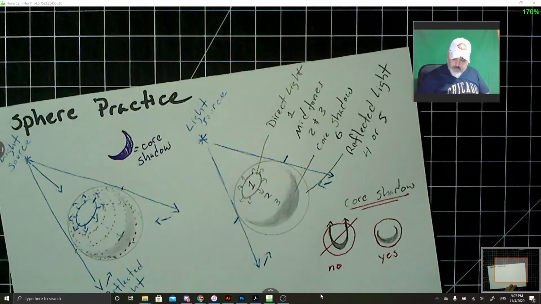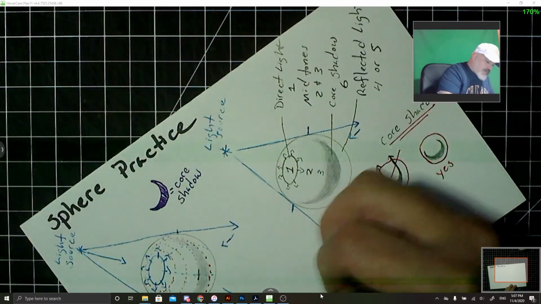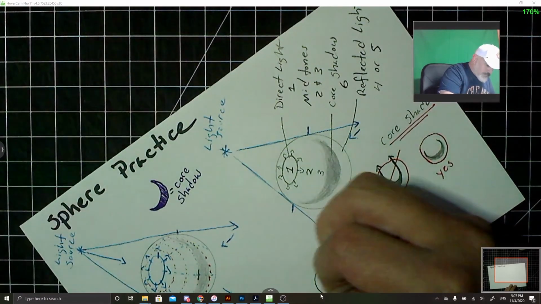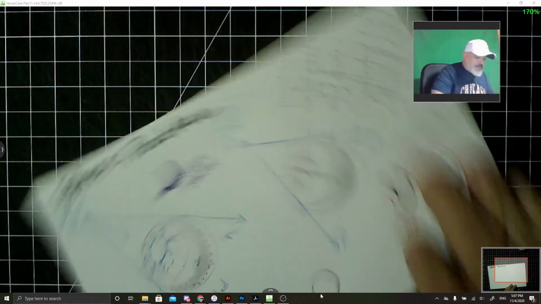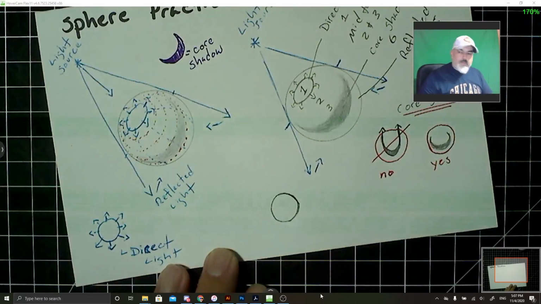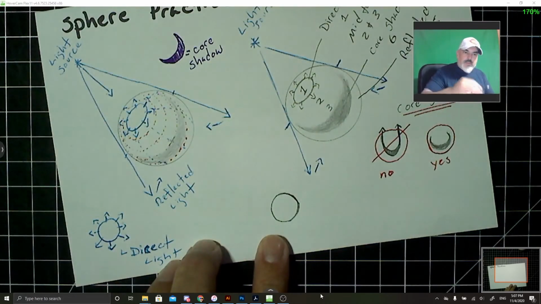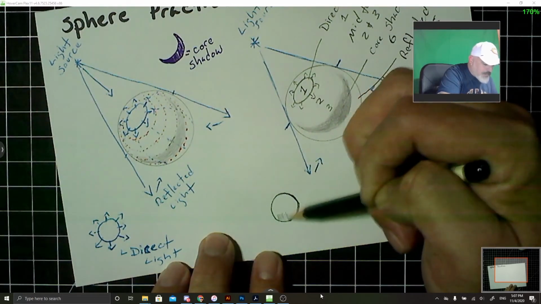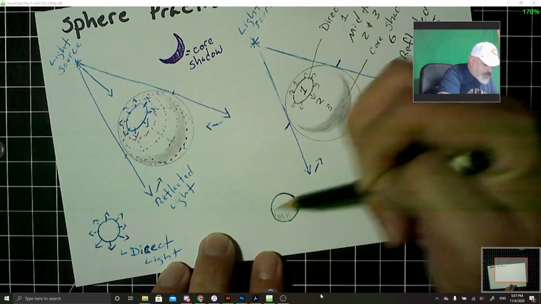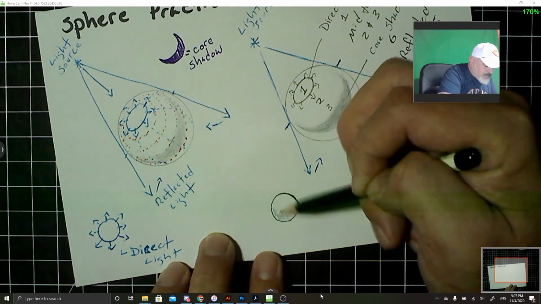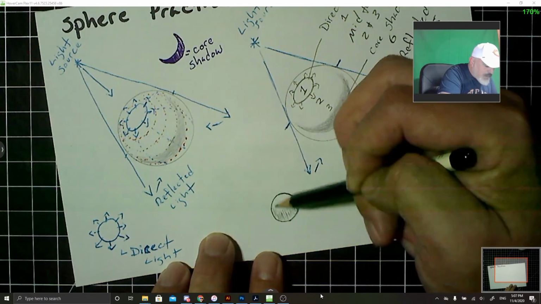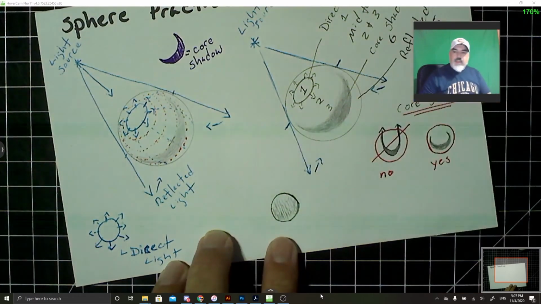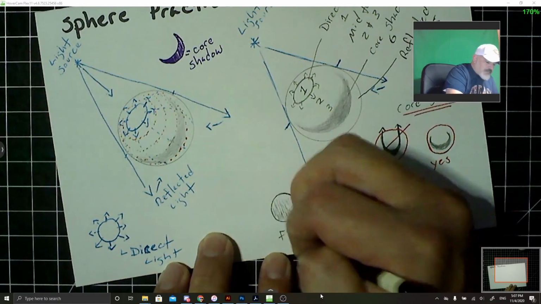The other thing I want to point out, I'm just going to draw another circle over here. The other thing you want to avoid is shading in one direction or shading flat. So if I come here and I put my lines here and say I'm going to shade, no matter how great I shade, that's always going to appear flat.